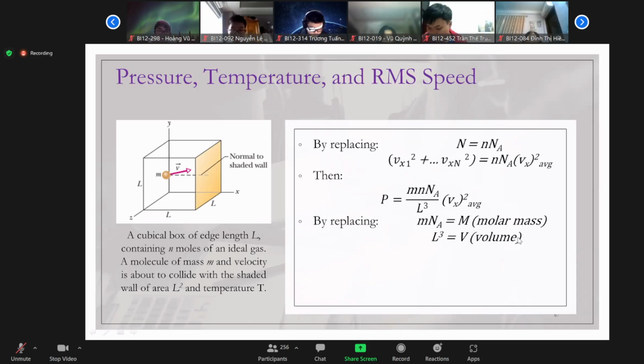We will have this expression. Now we already relate the pressure and a kind of speed, the pressure and the speed of the molecule along the x-axis, okay?